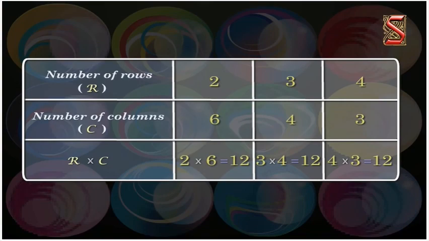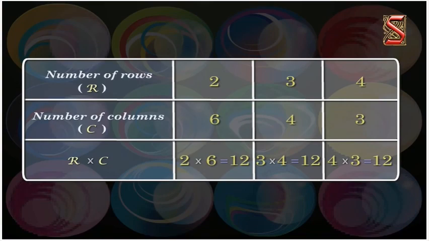In the second arrangement, when the number of rows was increased to 3, in each row we had 4 marbles and total marbles were 12. So 3 4s is 12. Similarly, when one more additional row was added, then 3 marbles were in each row and overall the total number of marbles was 12.